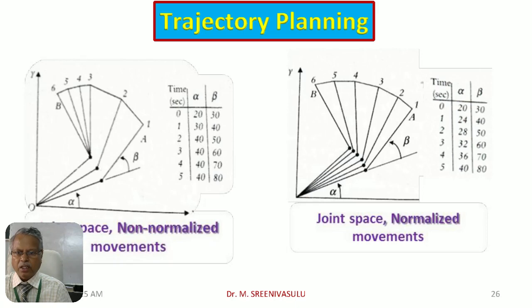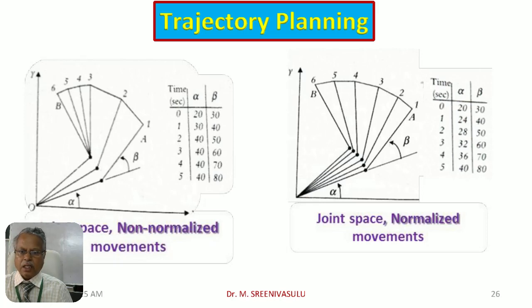Say for example, there are two joint angles. Say joint angle alpha has to be varied in the range from 20 to 40, and beta has to be varied in the range from 30 to 80. Say the maximum angle with which it can travel is 10 per step. Then the alpha angle is going to be completed in 2 steps, whereas beta is going to take 5 steps.